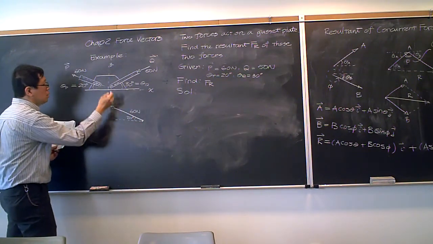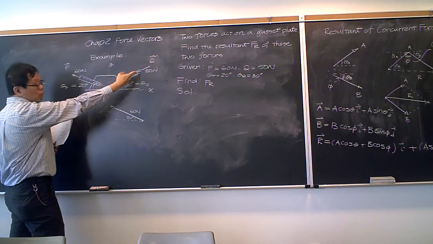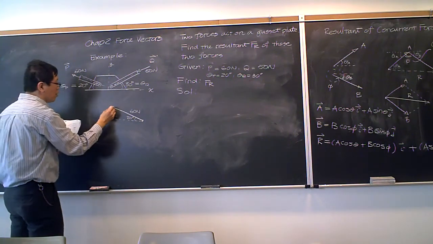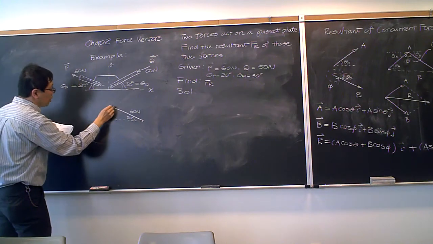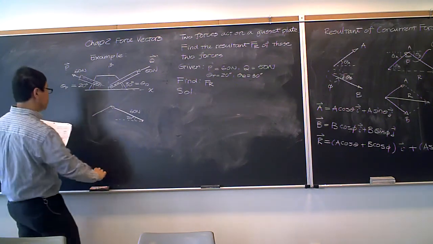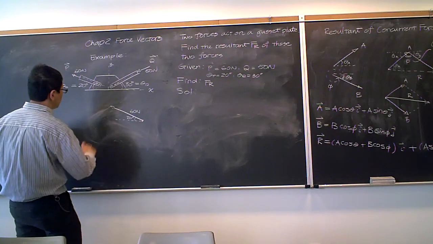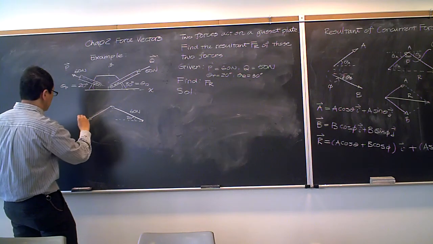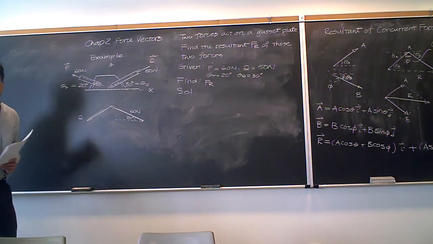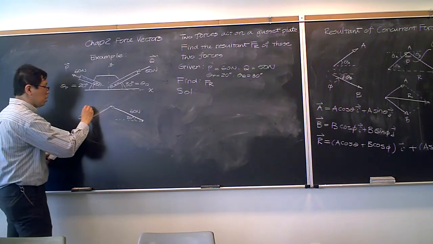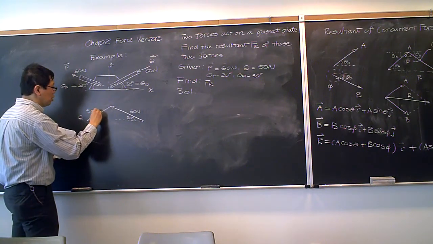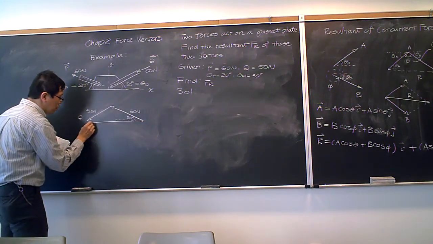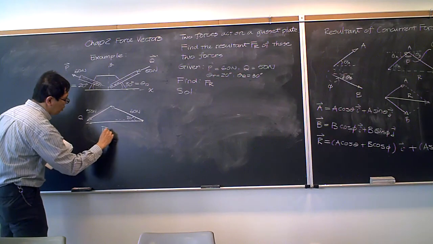And when I have this one, the other force is going to be next to the end point of the first force. So it's going to be, what is the magnitude over here? 15 Newton. So I would like to know FR.